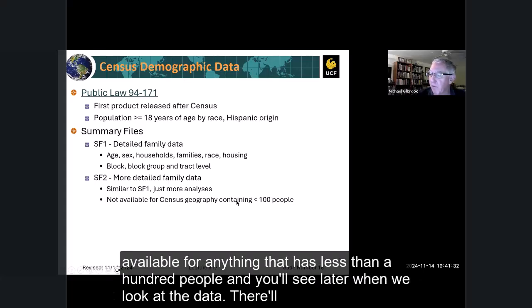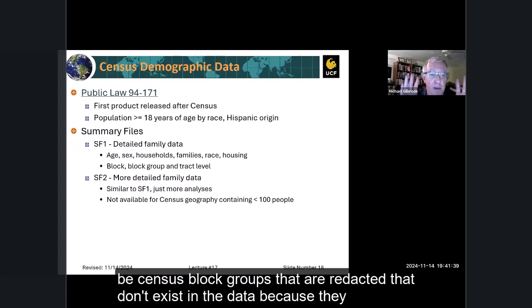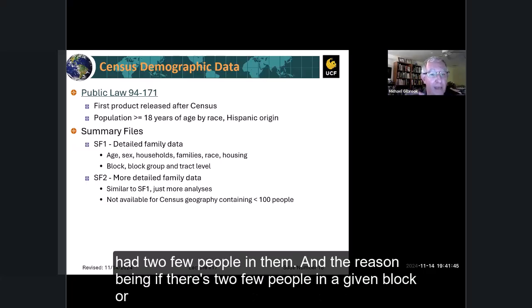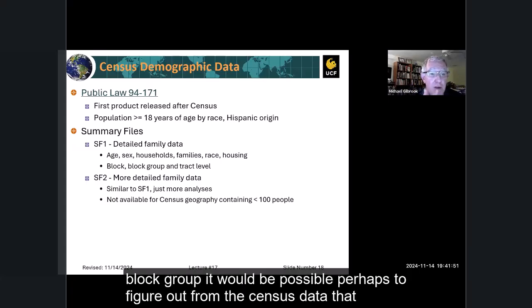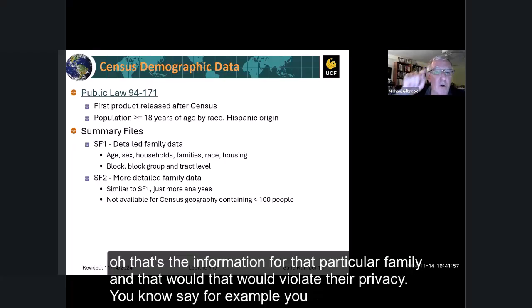But it's not available for anything that has less than 100 people. And you'll see later, when we look at the data, there'll be census block groups that are redacted, that don't exist in the data because they had too few people in them. The reason being, if there's too few people in a given block or block group, it would be possible perhaps to figure out from the census data that, oh, that's the information for that particular family, and that would violate their privacy.